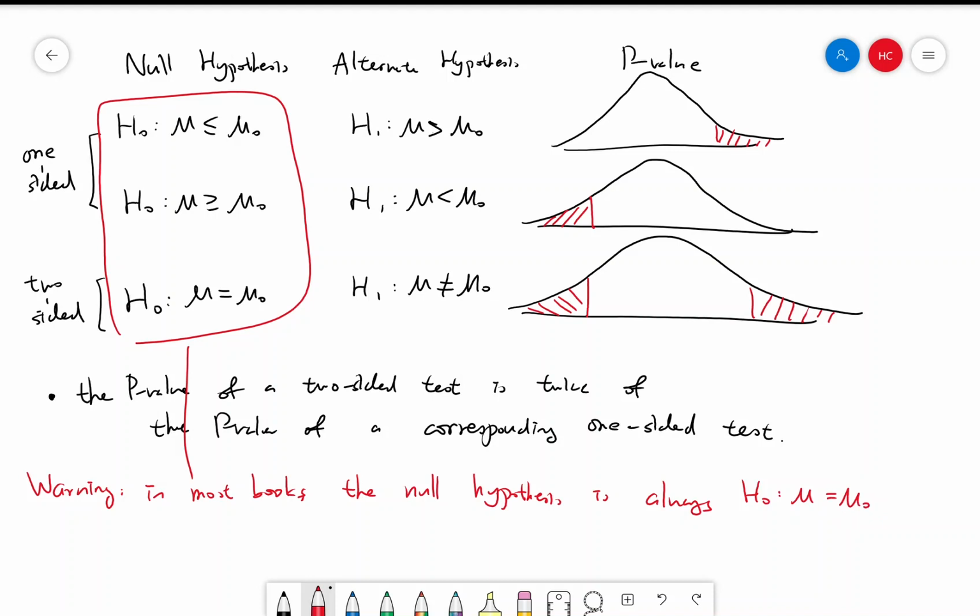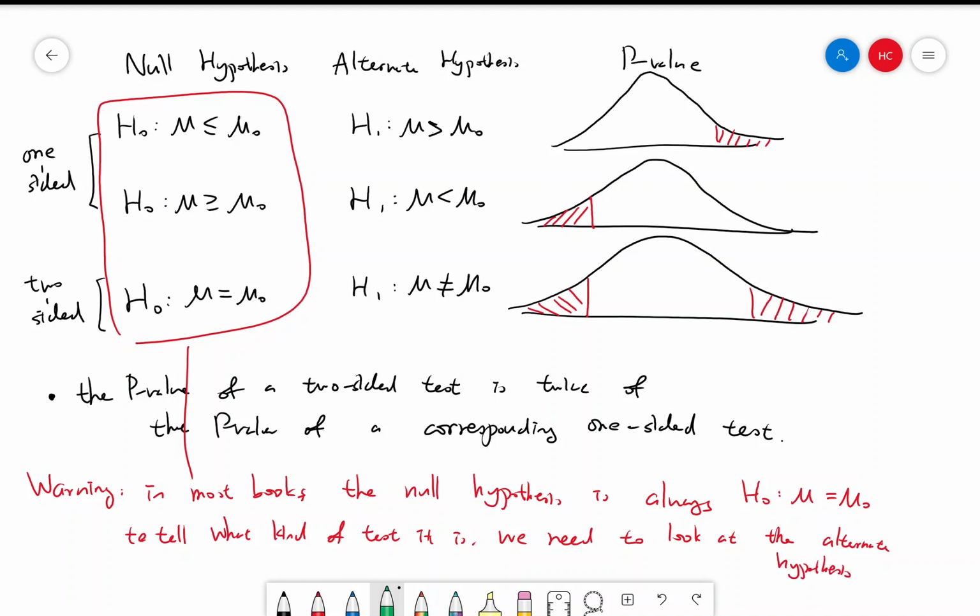So in that case, because the null hypothesis is always the same, to tell which kind of test it is, we have to look at the alternate hypothesis. And books here includes GeoGebra, which also performs hypothesis tests. All right, so that's it for section 6.1.